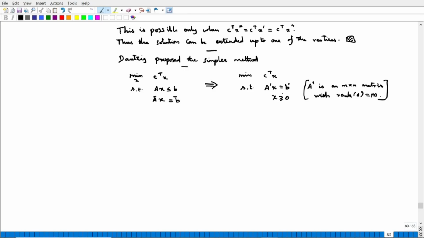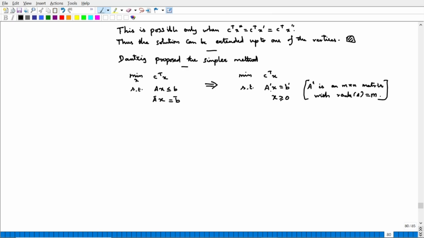So, we have to find them mathematically. So, for that, the first thing that he proposes is to convert this problem, minimize C transpose x subject to A x less than or equal to b, A bar x less than or equal to b bar, to this particular form, okay.